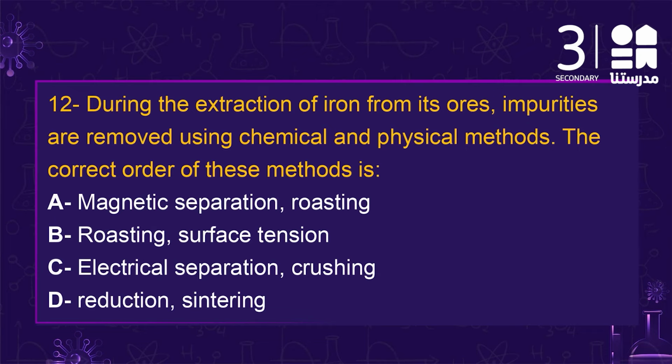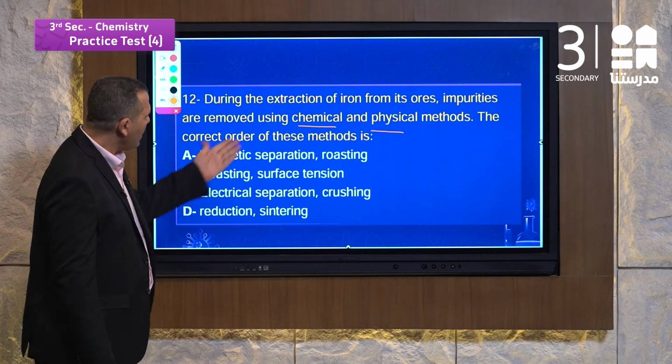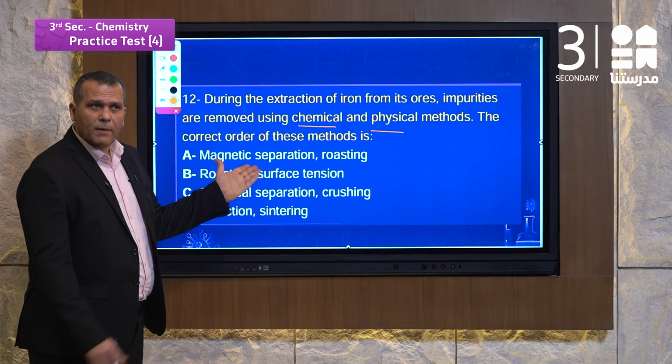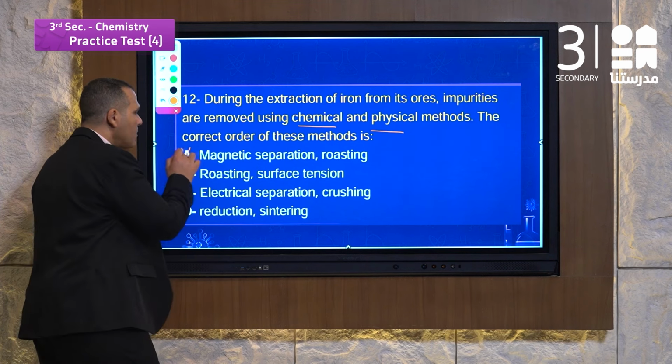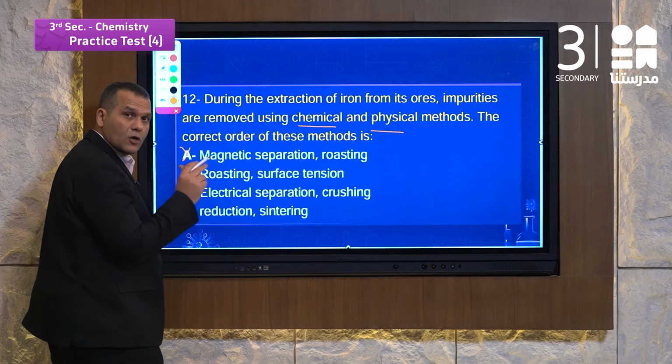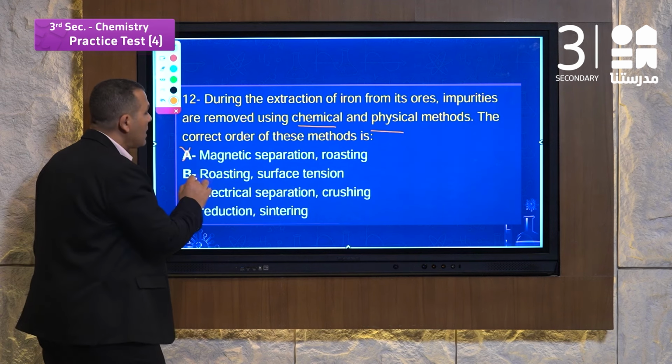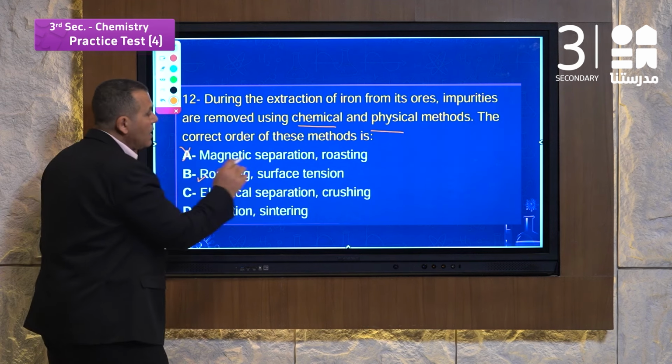The next question. During the extraction of iron from its ores, impurities are removed using chemical and physical methods. The correct order of these methods: chemical, physical. Roasting, heating and oxidation of impurities, is a chemical process.